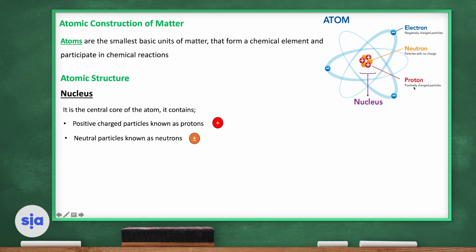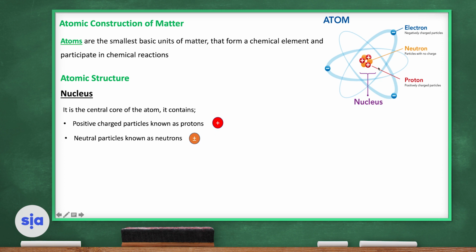The protons are carrying positive charge. The neutrons are neutral. They do not carry either positive or negative charge, so we write it as plus and minus together. It means that they are neutral, neither positive nor negative.